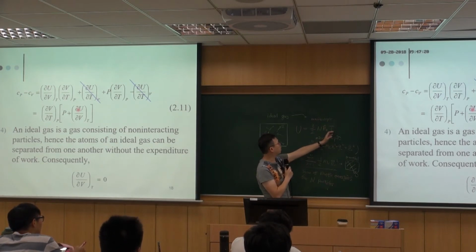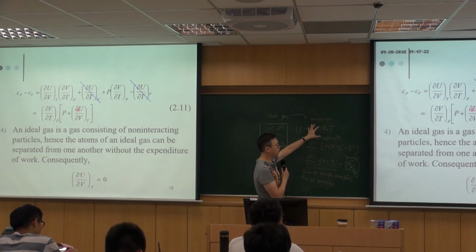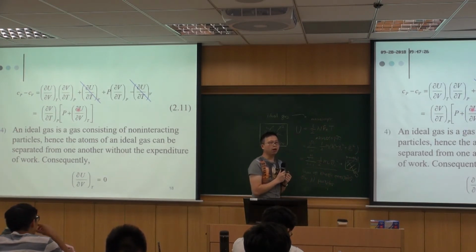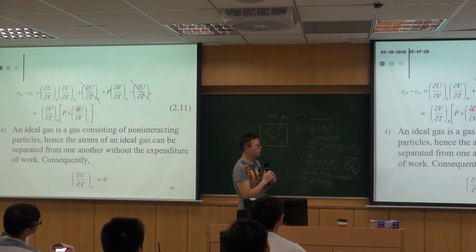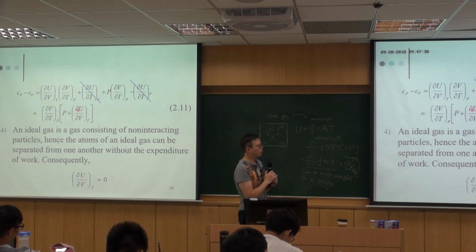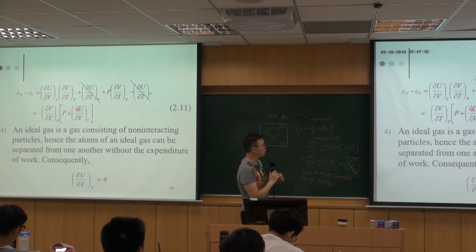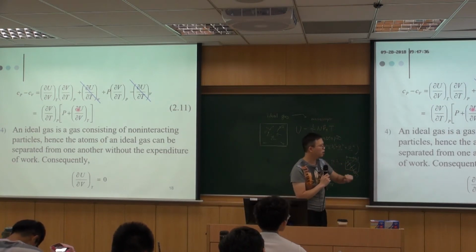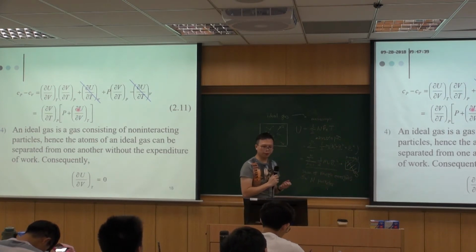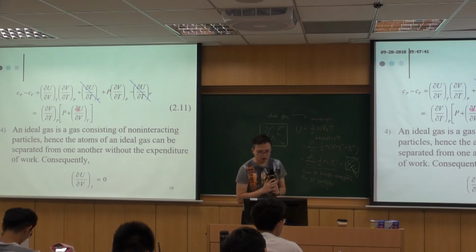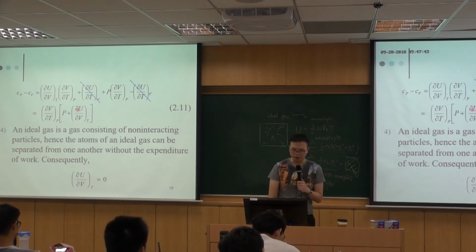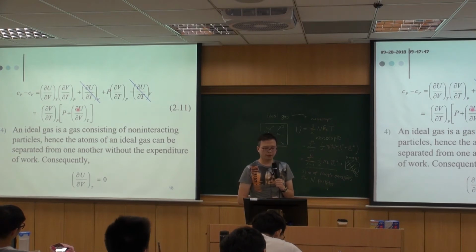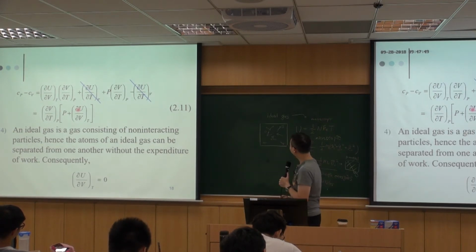So even if we change the volume of the gas system, it's not going to change anything. So dU will be 0. So in that sense, partial U, partial V at constant temperature will be 0. Okay, so this is a very important argument, and it only works for an ideal gas.